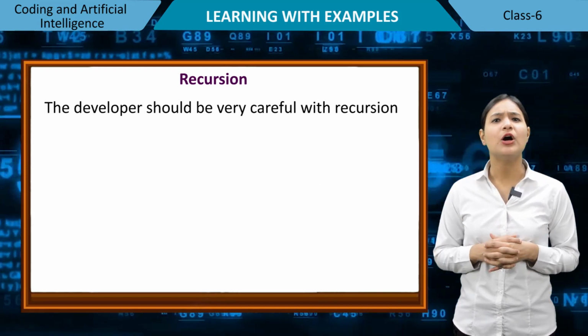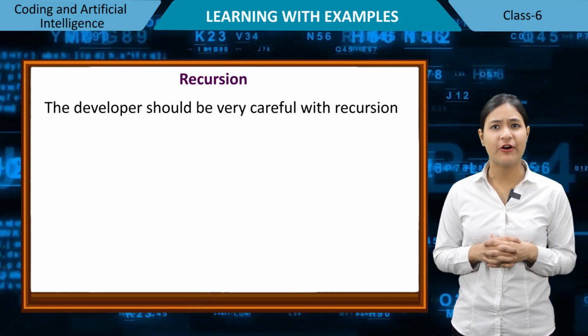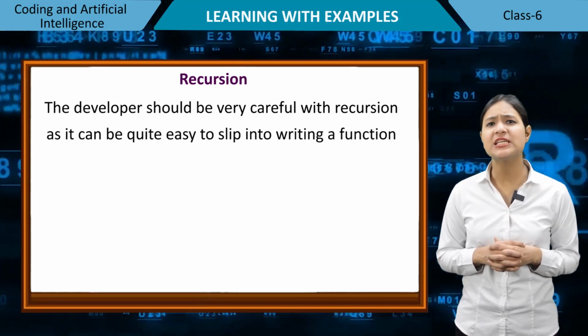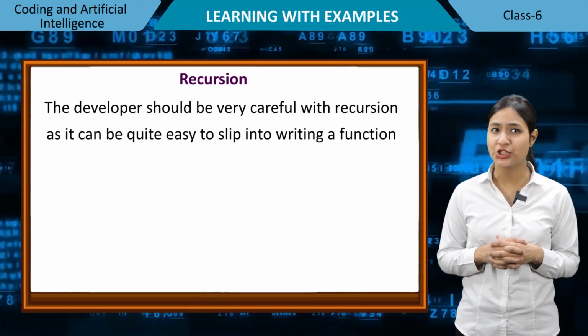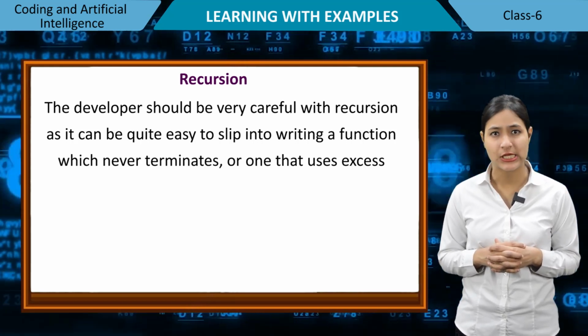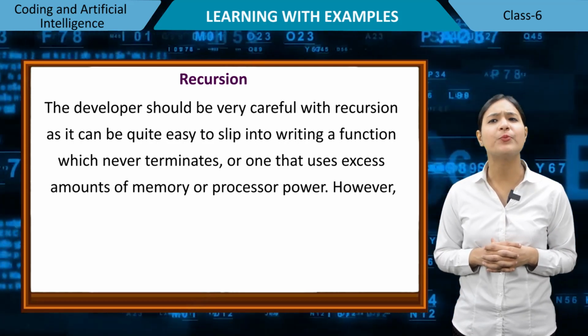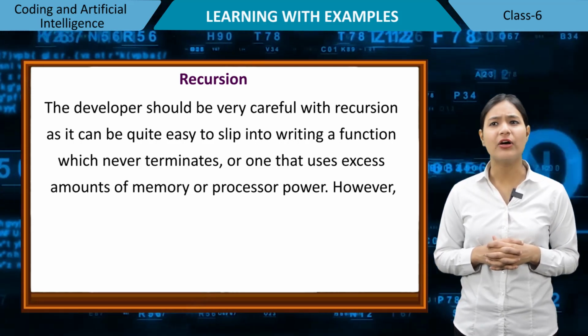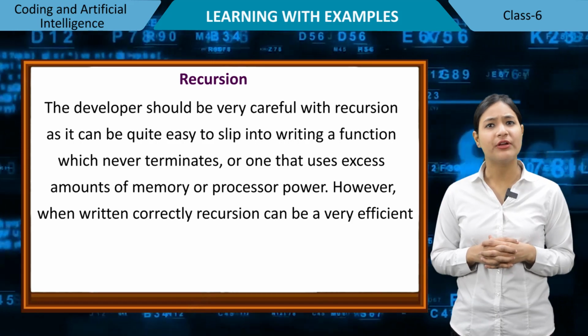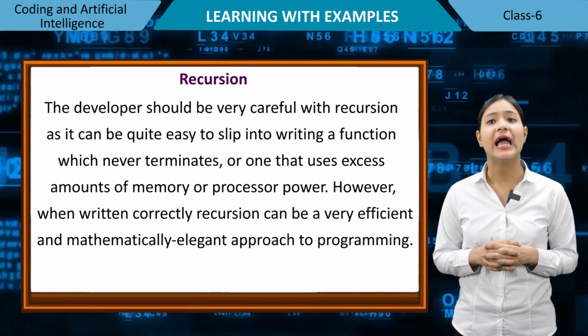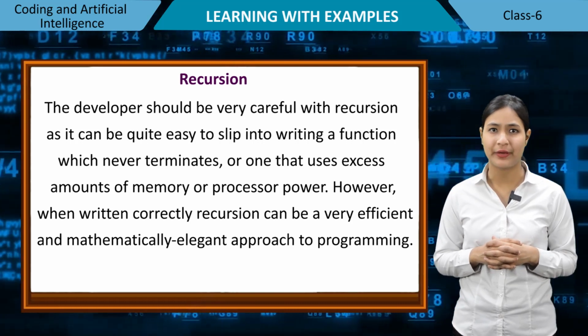The developer should be very careful with recursion, as it can be quite easy to slip into writing a function which never terminates, or one that uses excess amounts of memory or processor power. However, when written correctly, recursion can be a very efficient and mathematically elegant approach to programming.